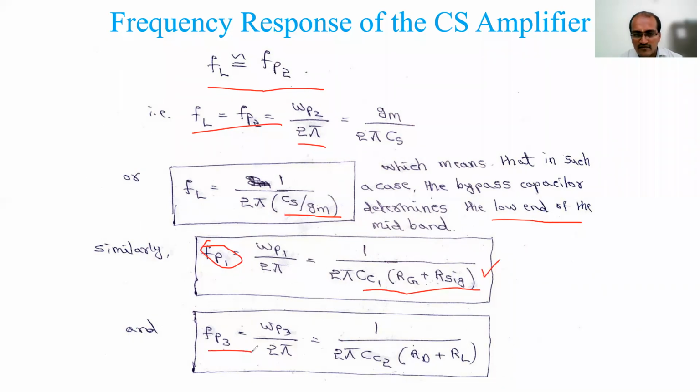Similarly, FP3 is given by WP3 by 2 pi: 1 by 2 pi CC2 (RD plus RL). This is the expression for the other two frequencies. Out of these three frequencies, this is the major factor deciding the low frequency response. So that is the analysis.